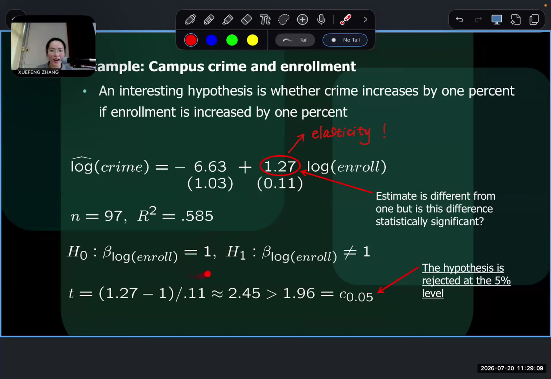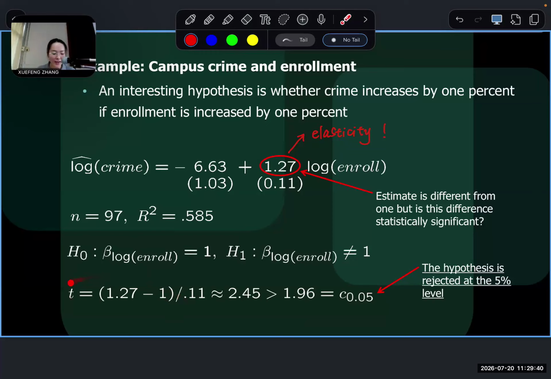That's why our null hypothesis here is H0: beta log enroll equals 1, not 0 anymore, right? Because we want to know, is their effect proportional or not? So that's why we have our hypothesis here, H0 and alternative H1, which means beta log enroll doesn't equal 1. And this is two-sided, okay?